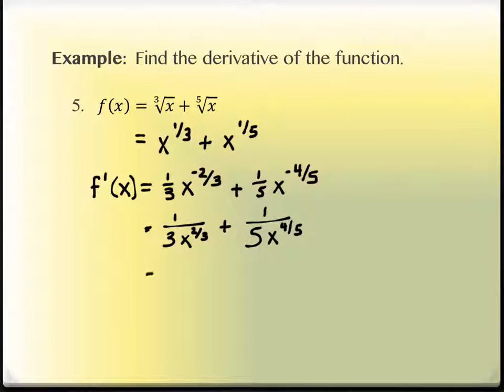So we're going to change this into radical form now. The 2 stays with the x as an exponent, and then the 3 will become the cube root. So we have the cube root of x squared. And then we have the 5th root of x to the 4th.